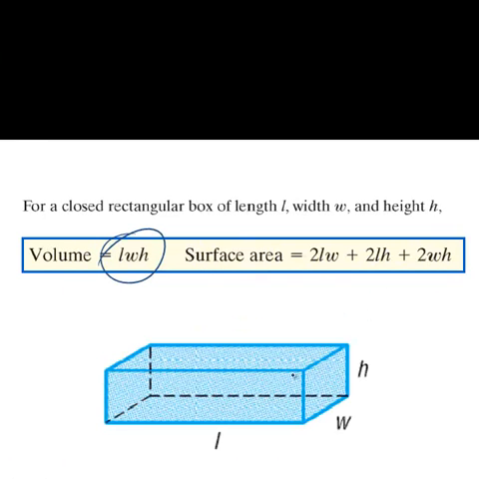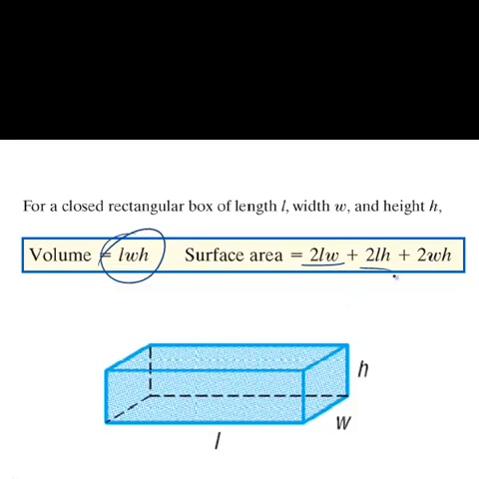Going back to the rectangular box, the surface area is going to be the sum of the areas of the 6 rectangular faces. So, for example, you see the 2 times the length times the width. Well, the length times the width will be the area of both the bottom of this box as well as the top.